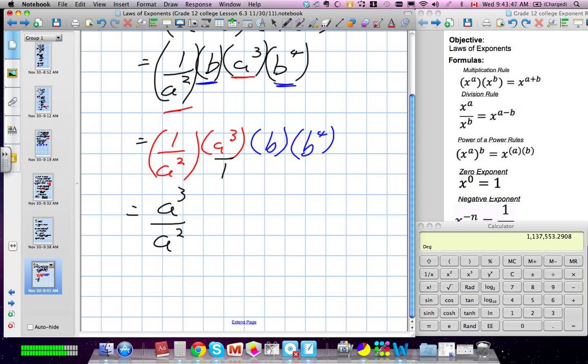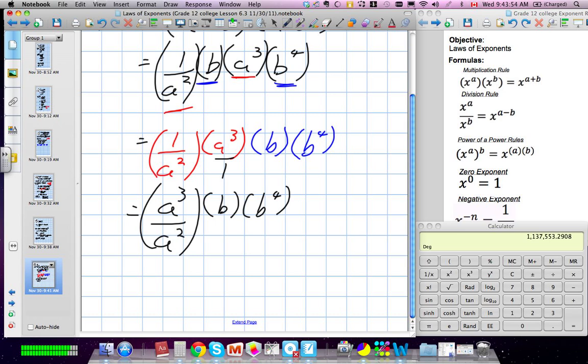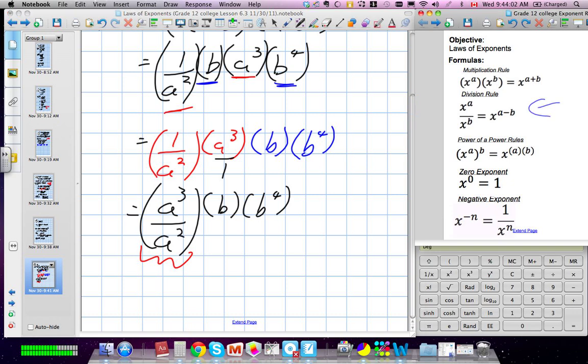Now I want you guys to recognize this. This here is our division rule. We're using a division rule for our a's. And for our b's, we're using the multiplication rule.